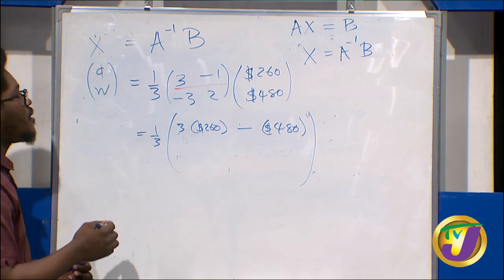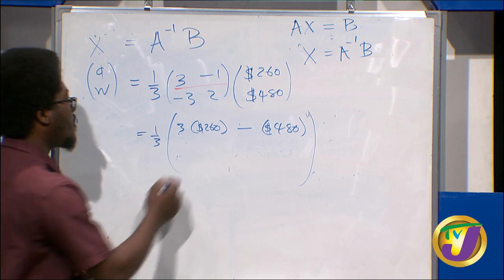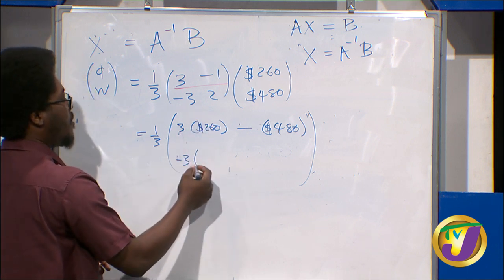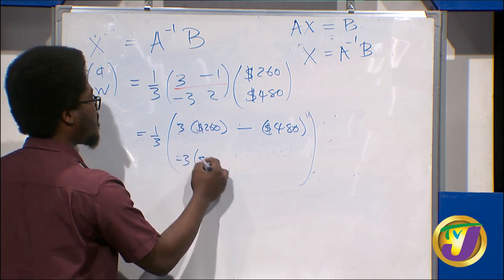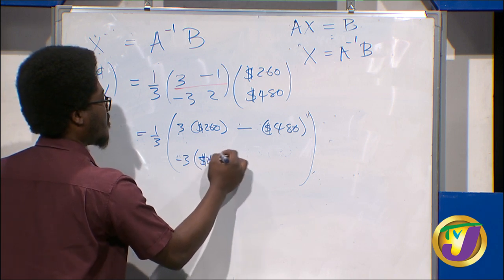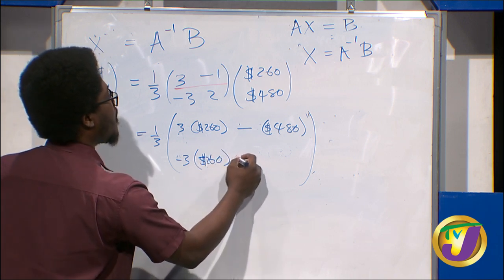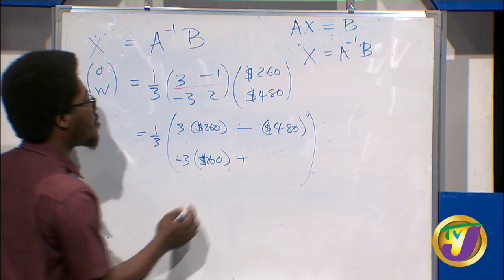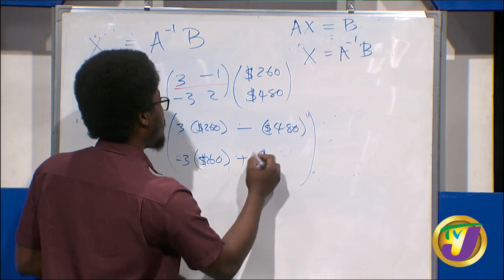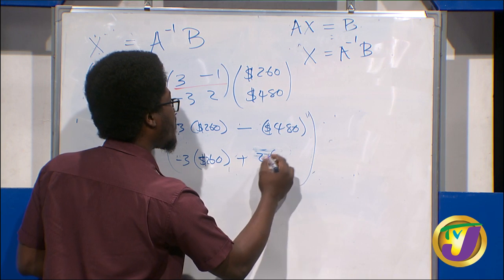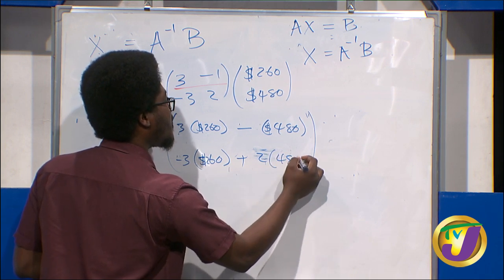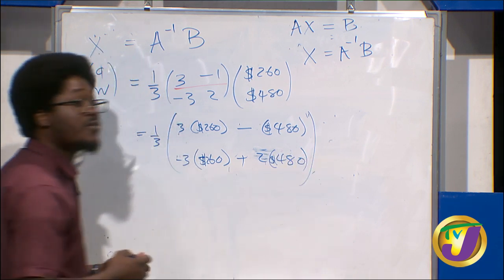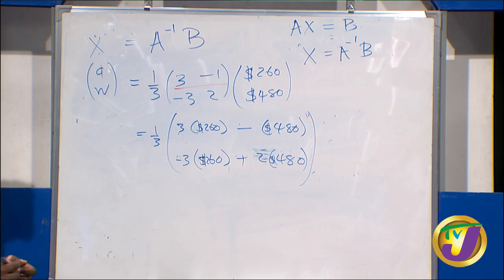And then we're going to have -3 being multiplied by 260, and that is going to be added to the product of 2 and $480.